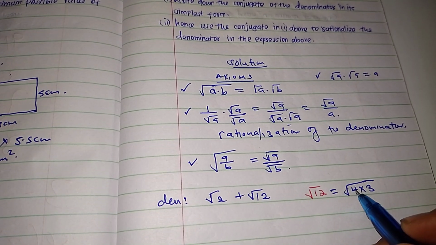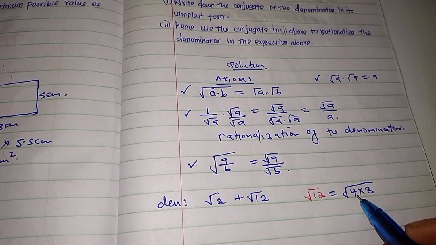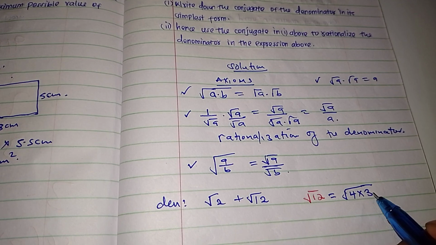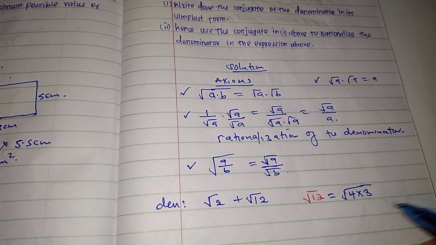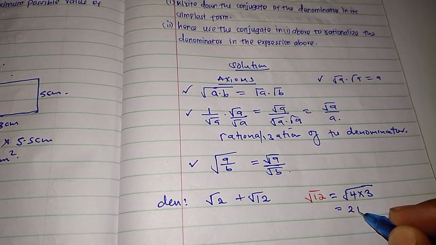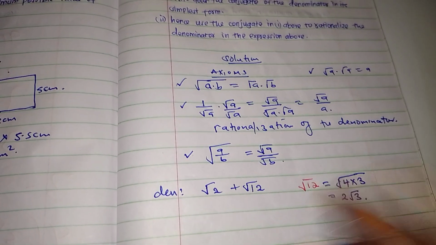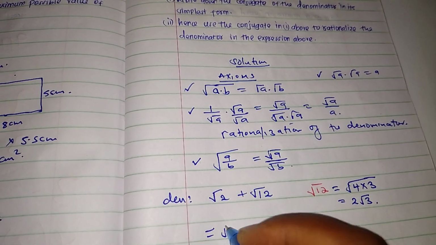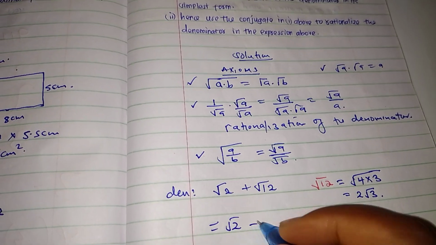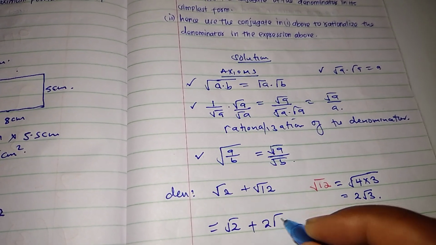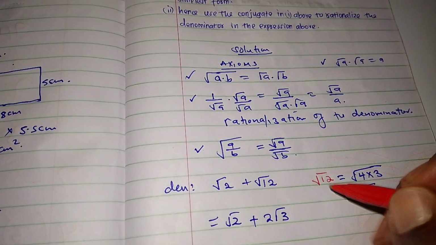You can dissociate 12 into its respective factors 4 and 3, and since the square root of 4 is rational, we have 2, and then 3 is just going to be a surd, so we have 2 root 3. So we can simplify this to root 2 plus 2 root 3, and that checks.